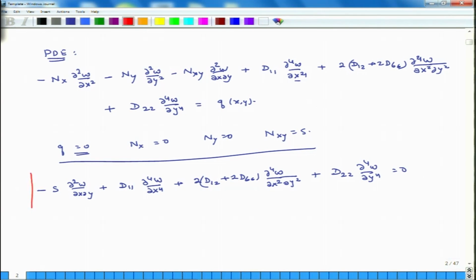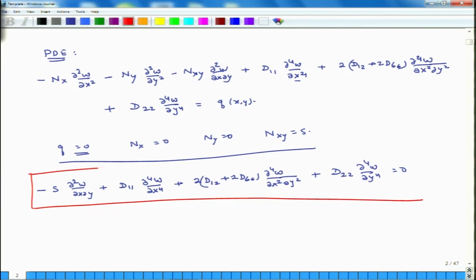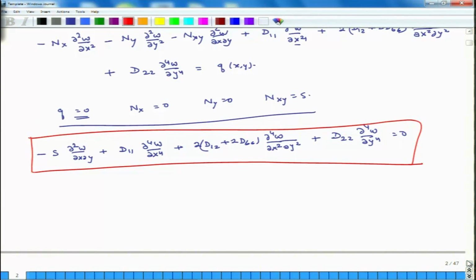So, this is the differential equation I want to solve, and I have to also meet all the boundary conditions, and if I can do that, then for some value of S I can calculate when the value of w will become a real number. So, we have to solve this equation, and the way we are going to solve it is that we are going to use special Galerkin method.